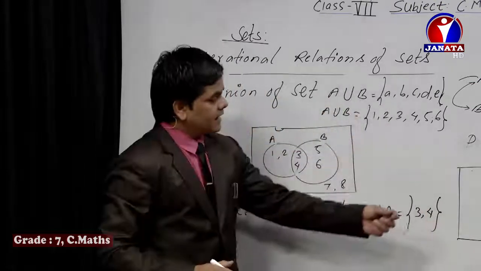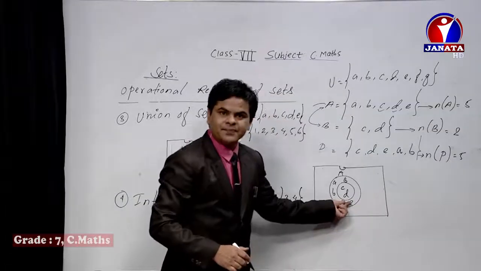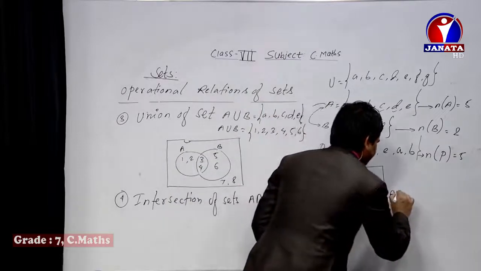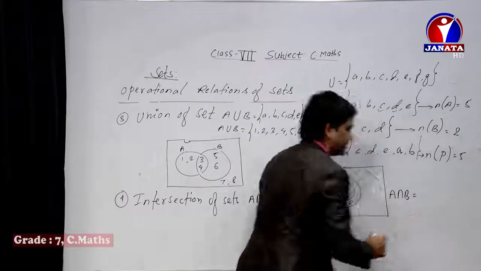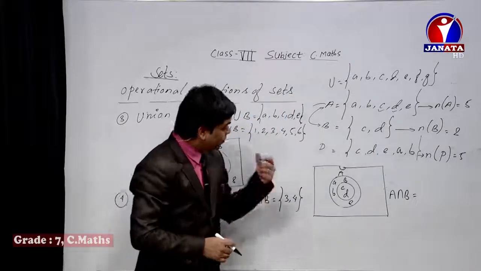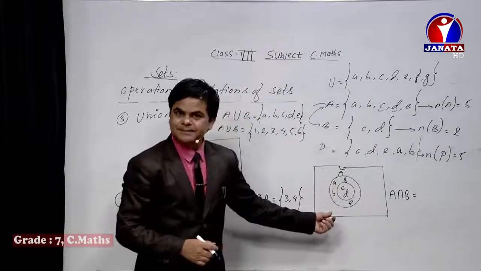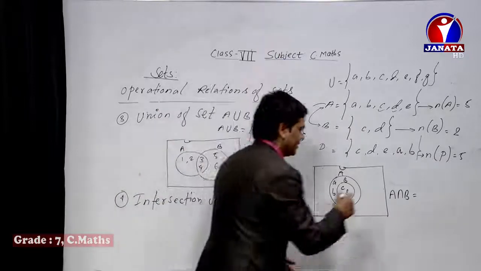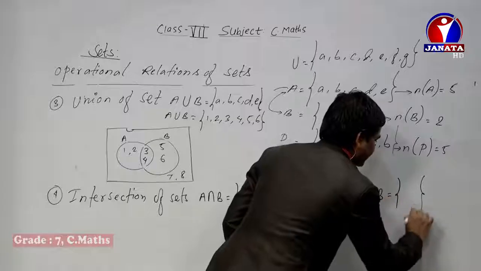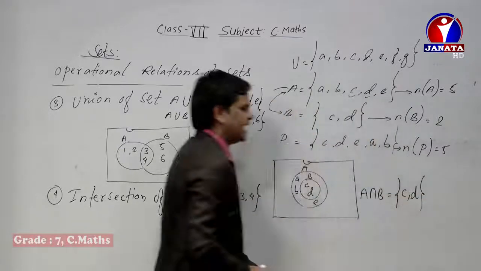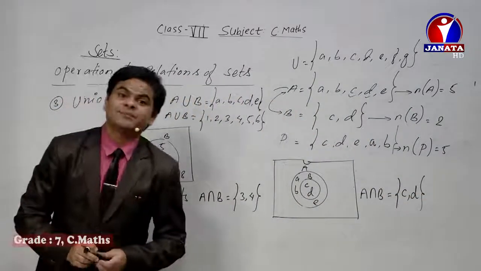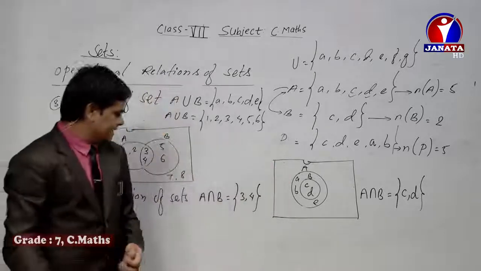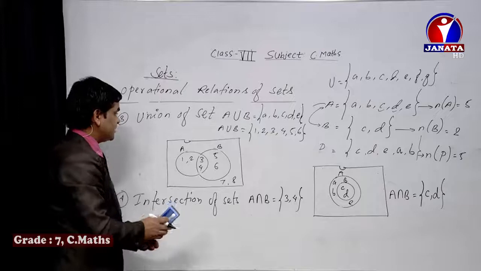Similarly, from the earlier Venn diagram, if you need to take out A intersection B, what are the common elements in between the A and B sets? Of course, C and D. So let's keep C and D inside the curly bracket. C and D are the common elements in between the two sets A and B. So this is the relation of intersection and union.